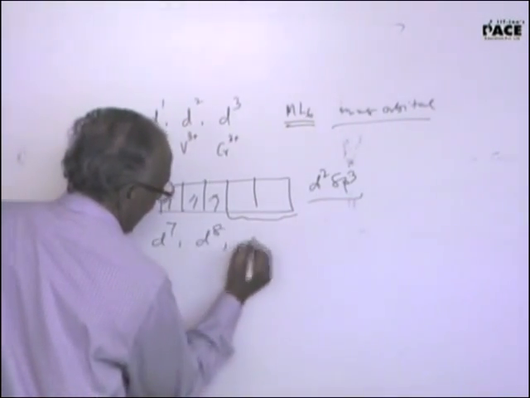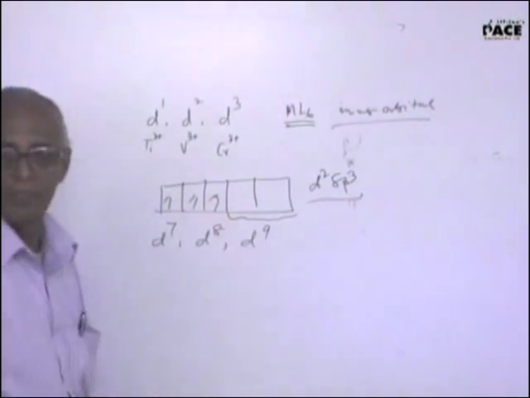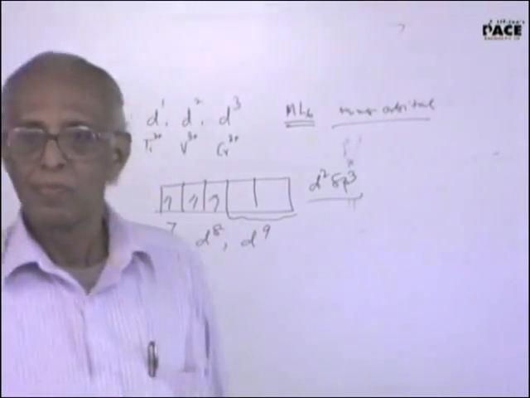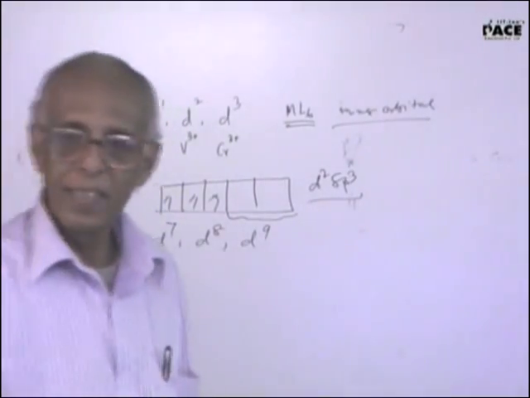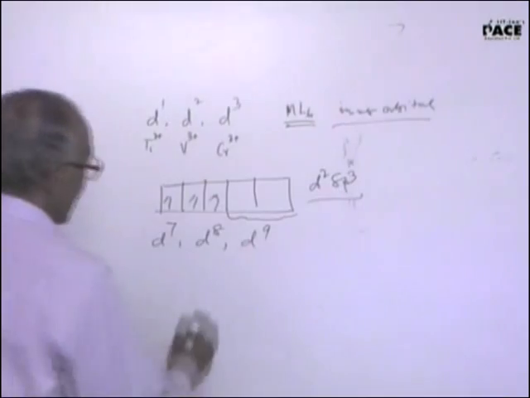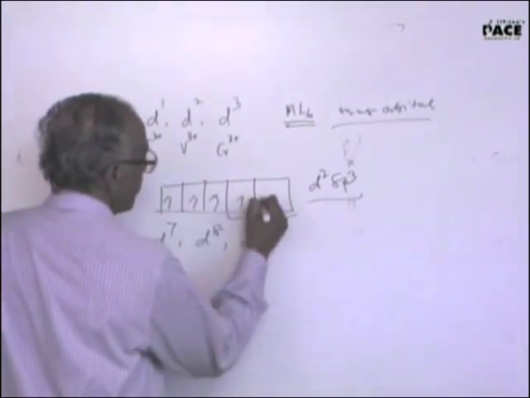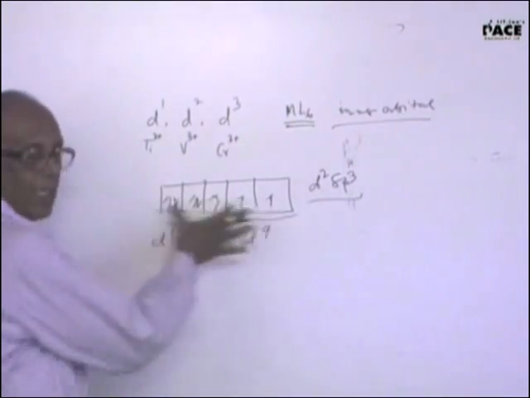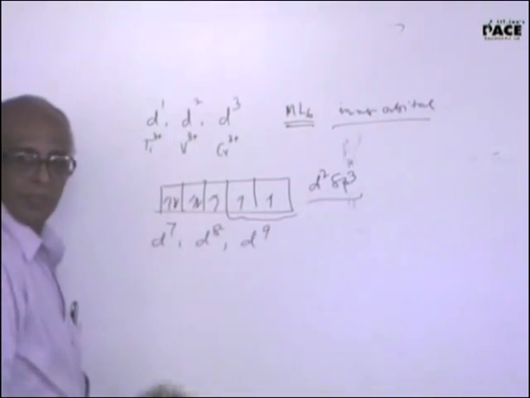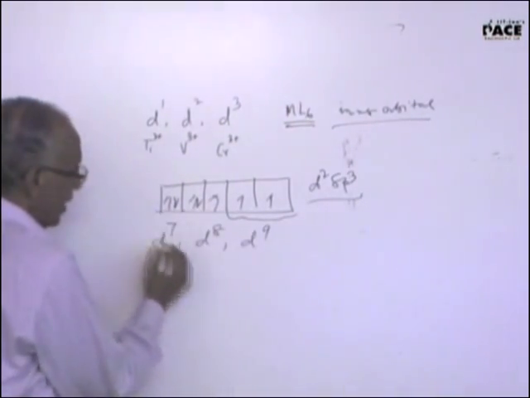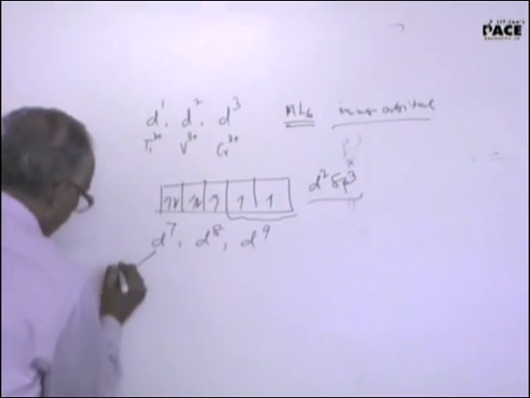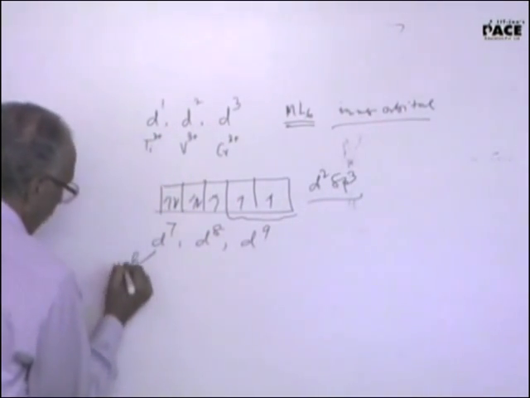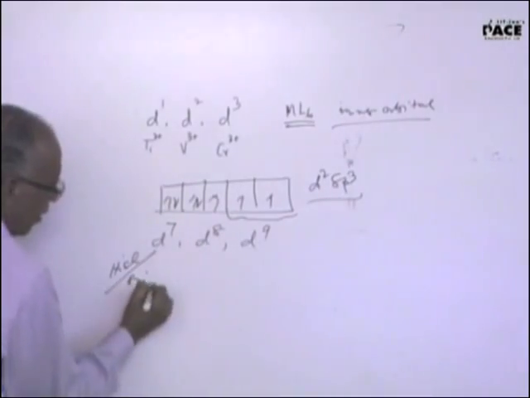Similarly, d7, d8, d9. For d7, no orbital is available, where it is high spin. What is meant by high spin?